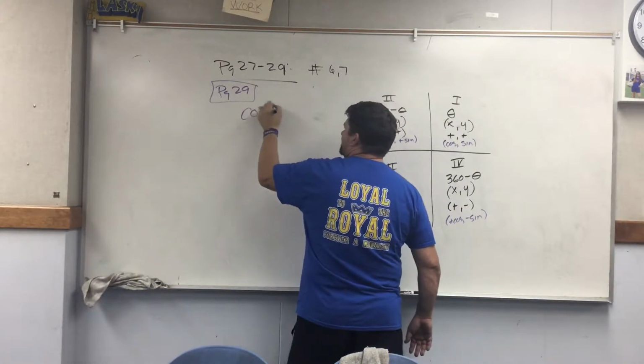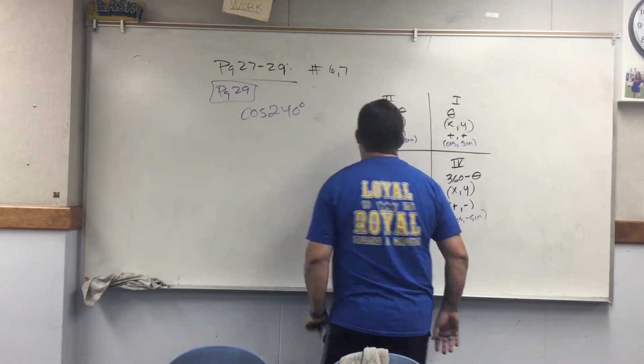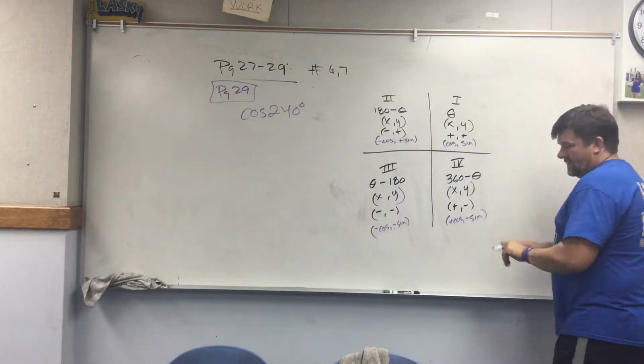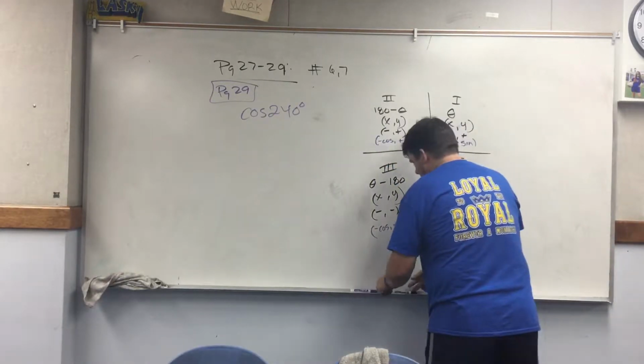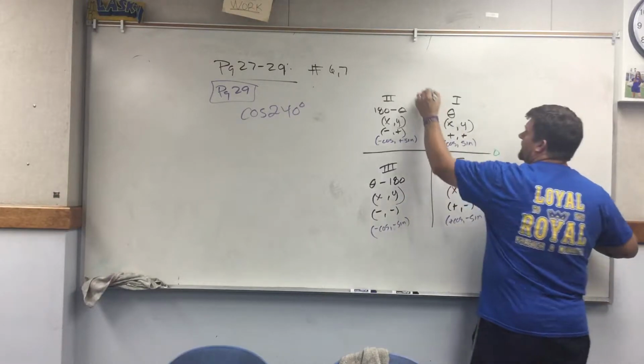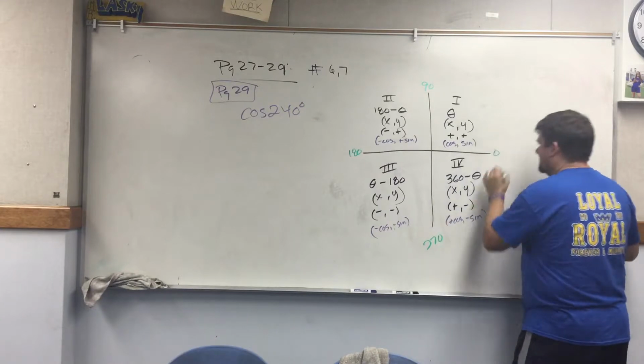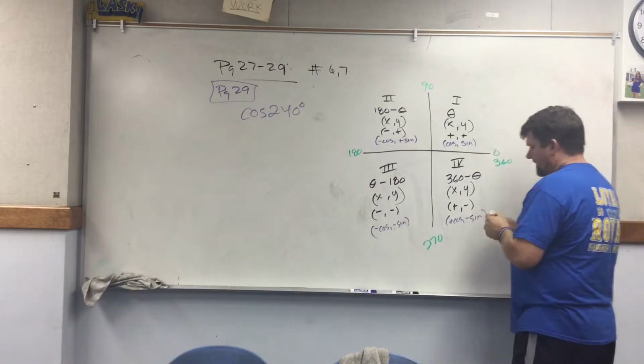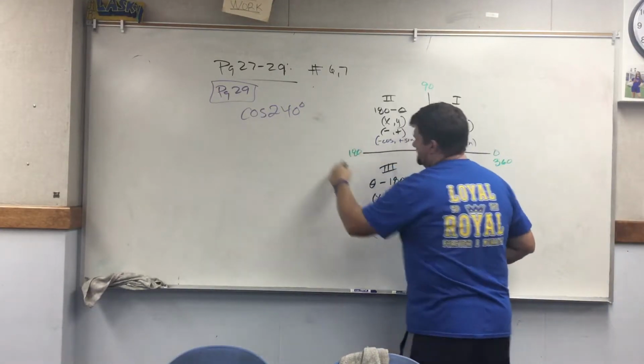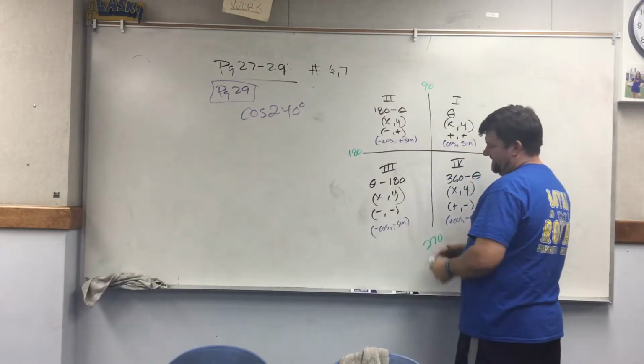finding, the first one is finding the cosine of 240 degrees. I had it written on the other one. So remember, this is 0, 90, 180, 270, 360. So I know this value is between 180 and 270.